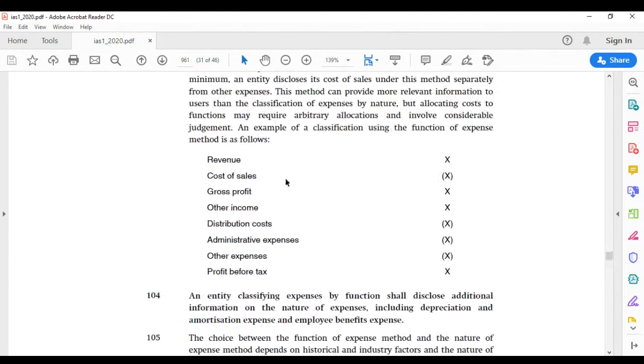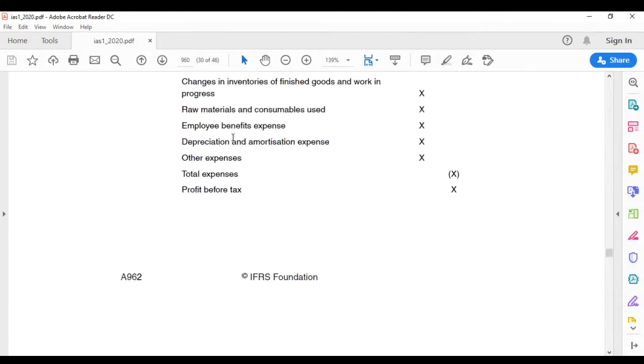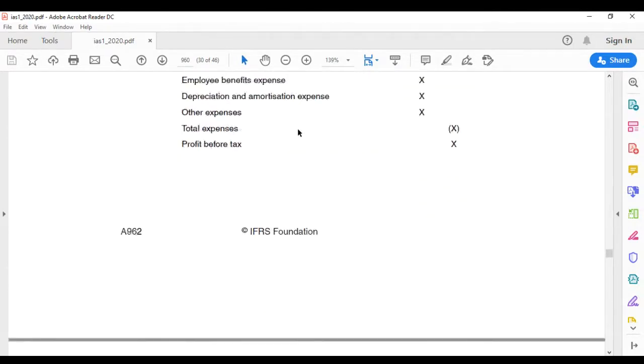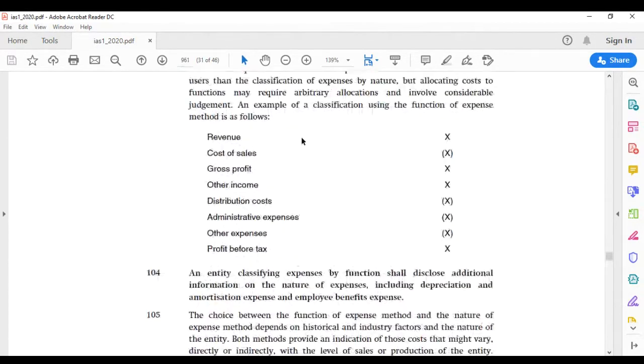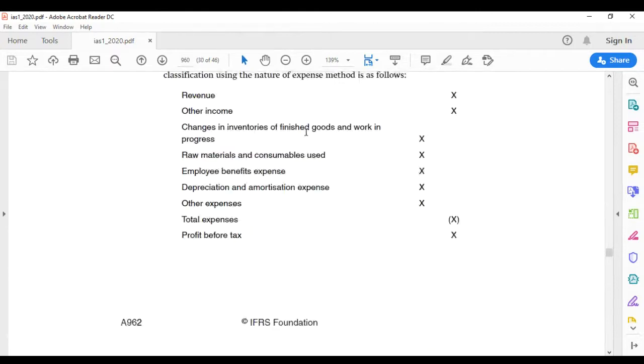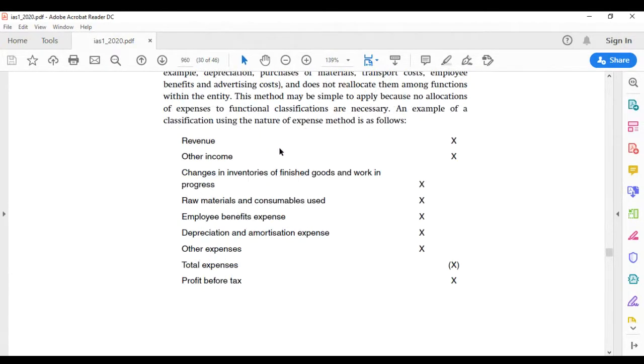That is a structure for the nature method, and the next one for the function method. So what is meant by the nature method? In the nature method, you are describing the nature of the expense. For instance, if you pay salaries and wages and the company contributions to your staff's medical aid, and you're paying a contribution to their pension fund and so forth, then you describe the nature.